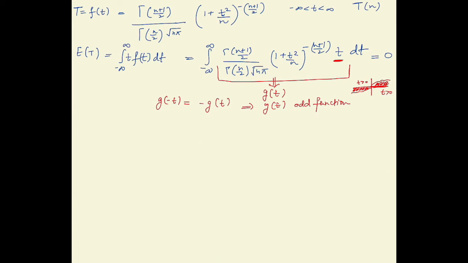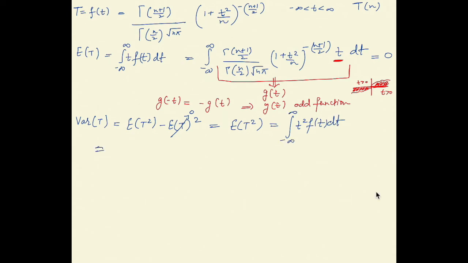So now let's calculate the variance. The variance of t is the expected value of t square minus the expected value of t whole square, and this comes out to be 0. So the variance is simply the expected value of t square, which is the integral of t square f(t) dt from minus infinity to infinity. So this comes out to be the same expression here, except that this t is replaced by t square.